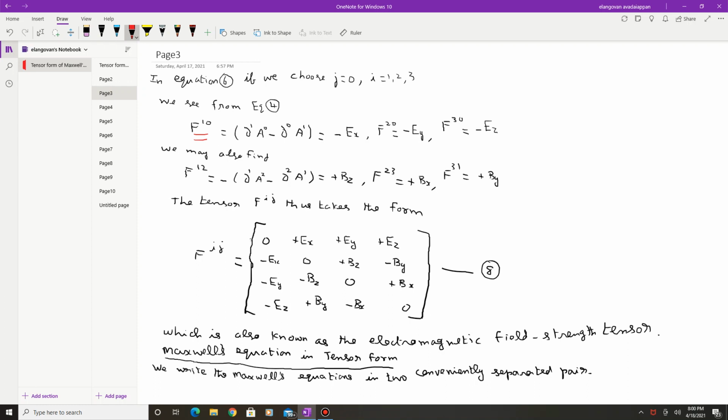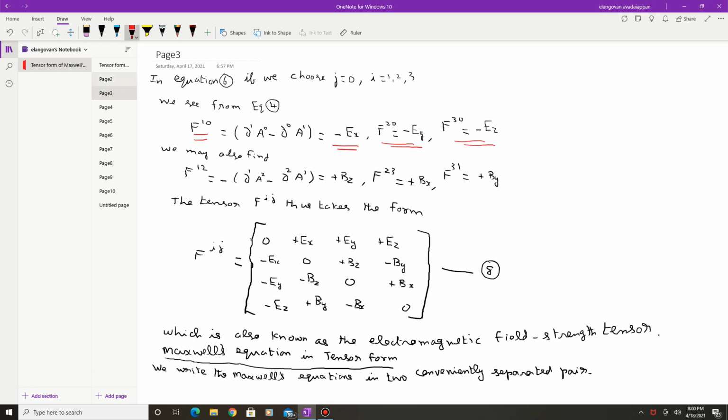So F10 is equal to minus Ex, and you can easily check the others by putting i is equal to 2, j is equal to 0.